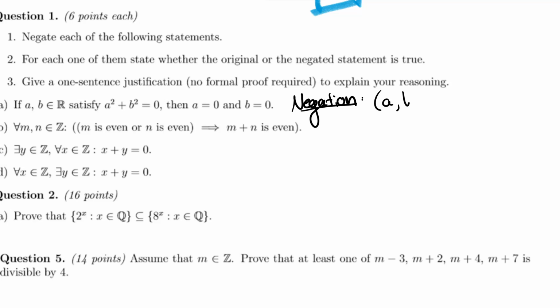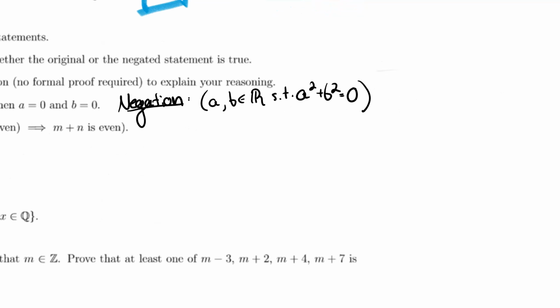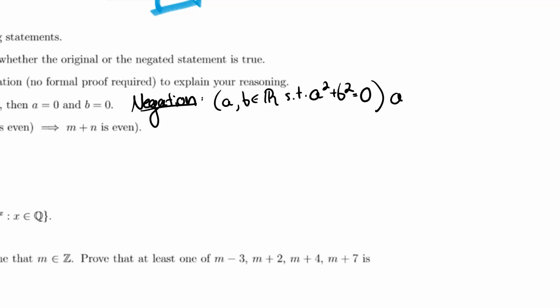So we want A, B in the reals such that A squared, and so I'm changing some of the words, and that's fine. It's just that they're logically equivalent. And not the other thing.